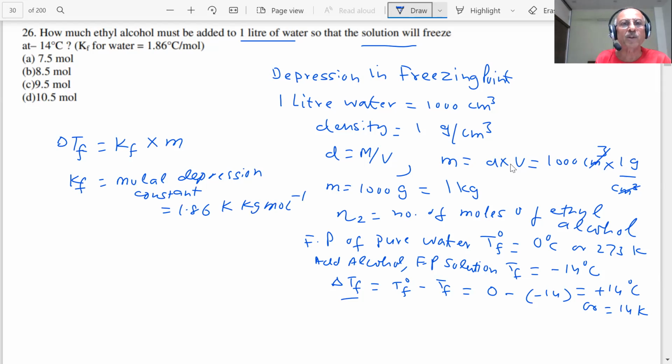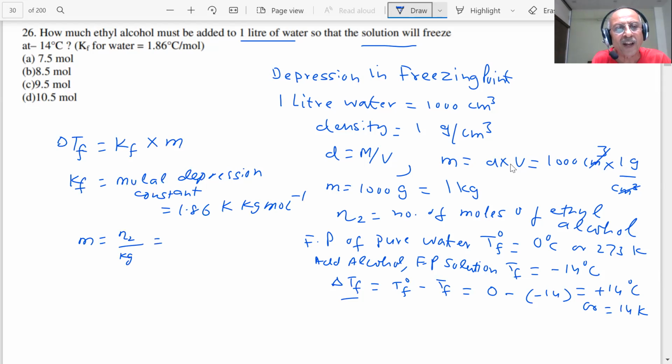And how do you calculate molality? Molality is the moles, N2, of the solute per kg of the solvent. Here you are given 1 kg of the water.